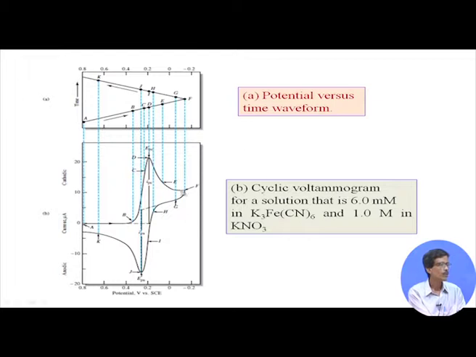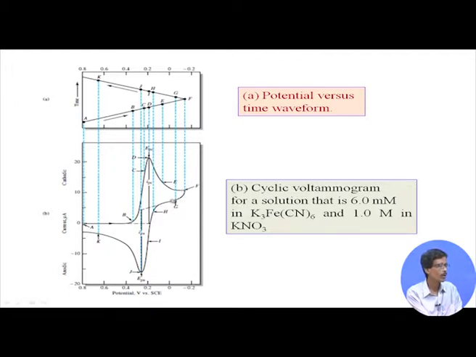So now we will switch from F, this is point F. Now we switch the direction of the scan again from some potential which is around, say, minus 0.1 to 0.8 volt again back. So we will go back to the starting point. So when we scan it back, that particular direction of scanning is not going in this direction, it will go in the opposite direction.